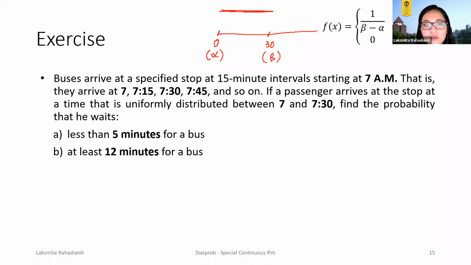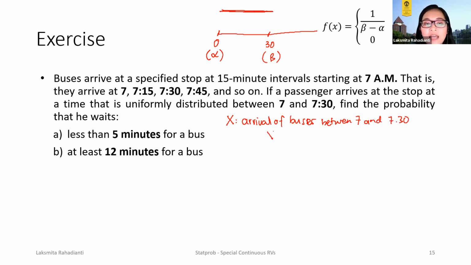So I'm going to denote X as the arrival of buses at the bus stop between 7 and 7:30.